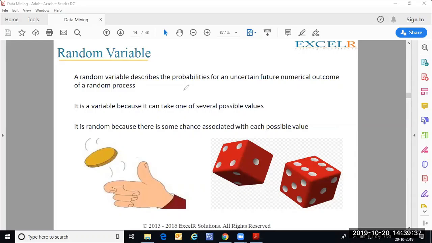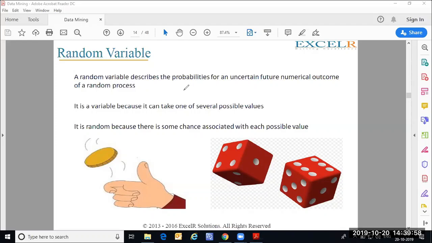A random variable describes the probabilities for an uncertain future numerical outcome of a random process. Do we understand anything by going through this definition? If you take any statistical book, this is the definition that you're going to have for the random variable.